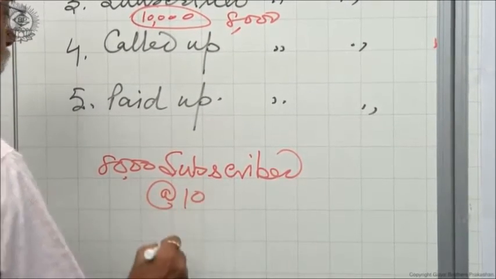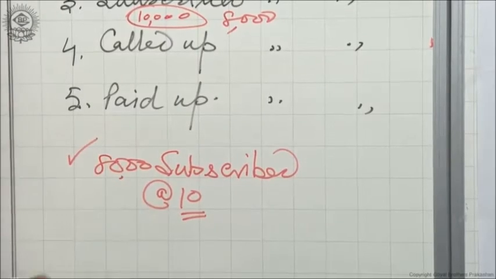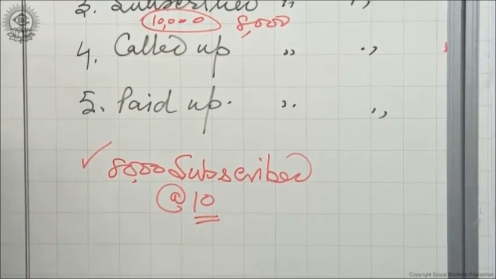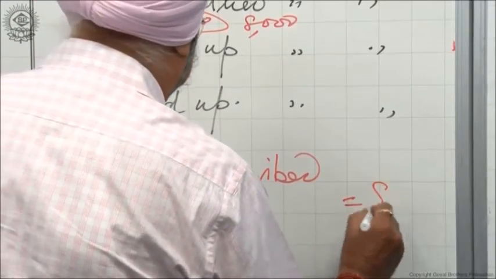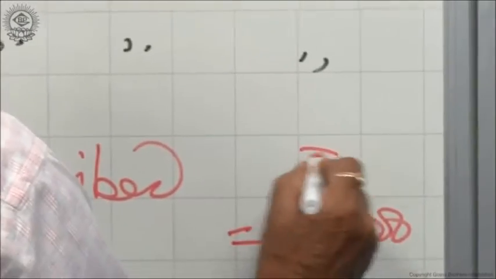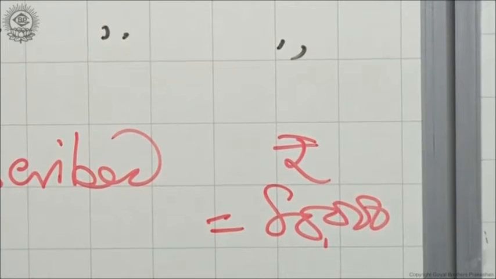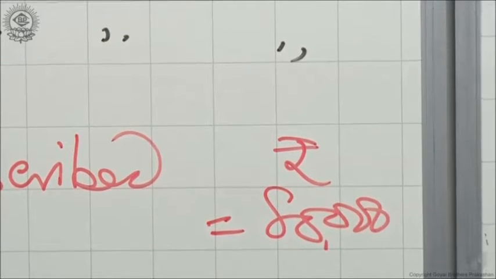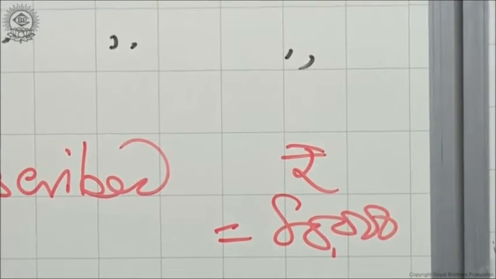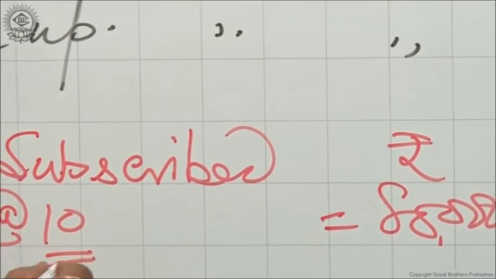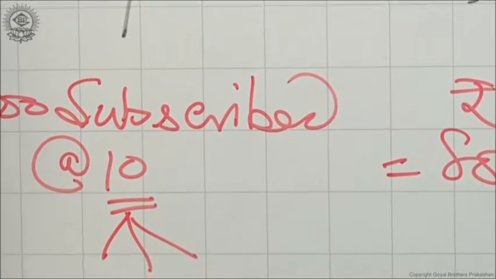Each is of 10 rupees. So if the company gets the entire money, the company will get how much? It will get 80,000 rupees. The company will get 80,000 rupees. Got the point? But these 10 rupees are further divided into installments.